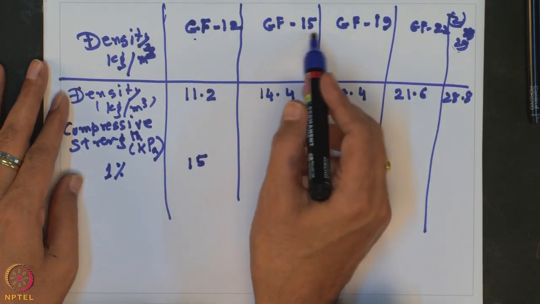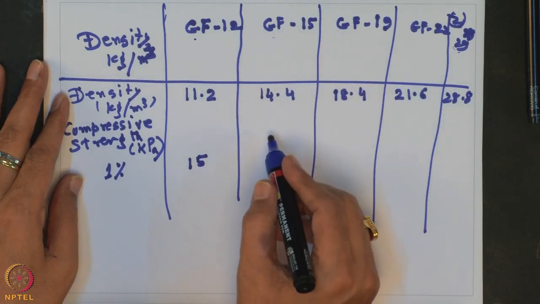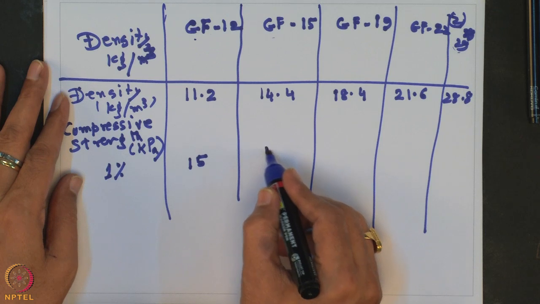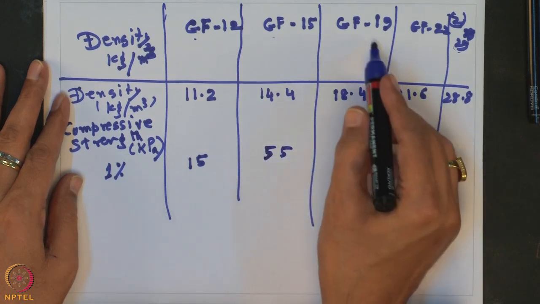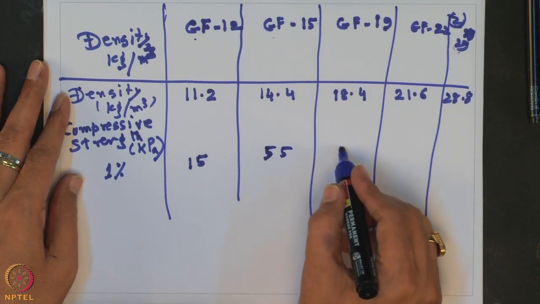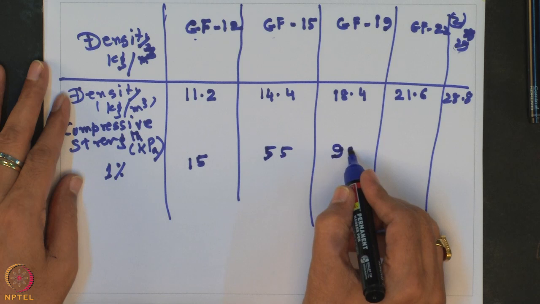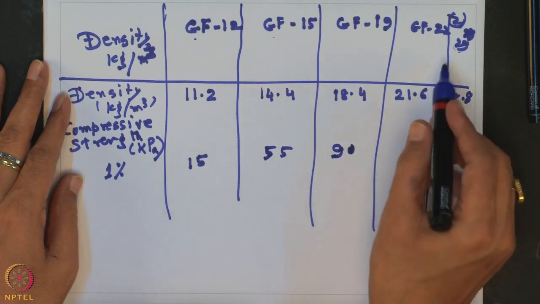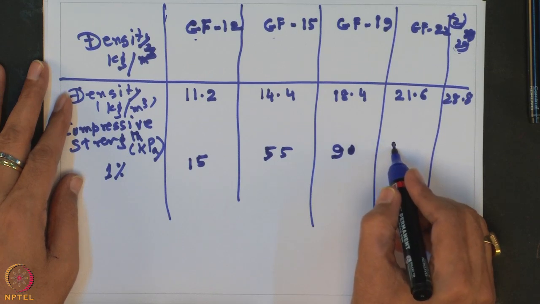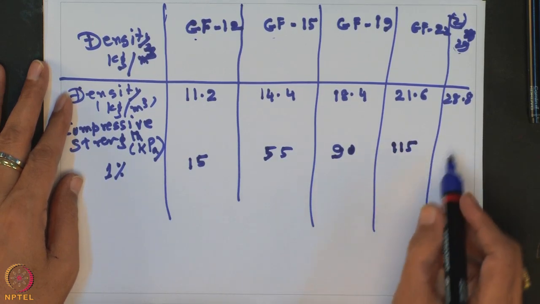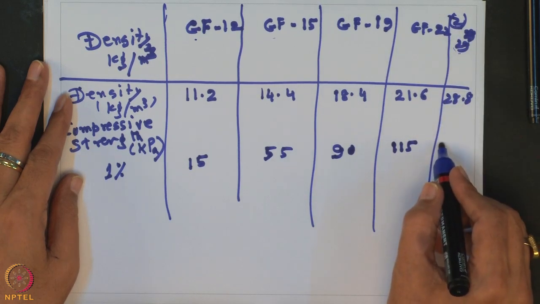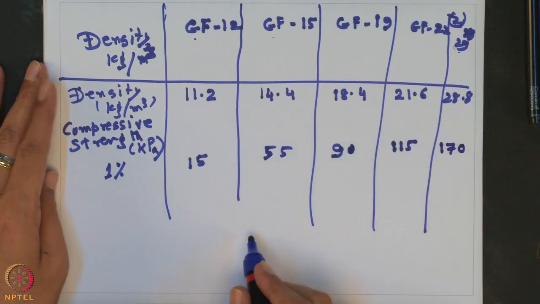And for GF 15, let us say compressive strength is about 55. For GF 19, compressive strength value is 90, and for GF 22, compressive strength is about 115, and for 29 density compressive strength may be 170.